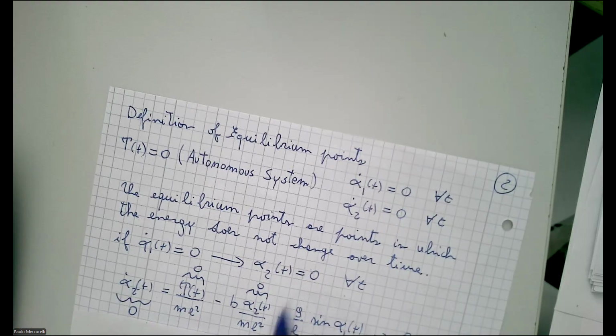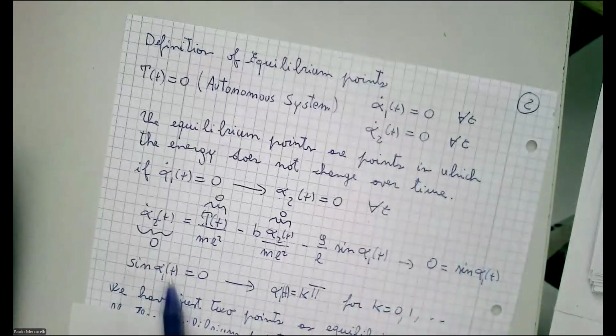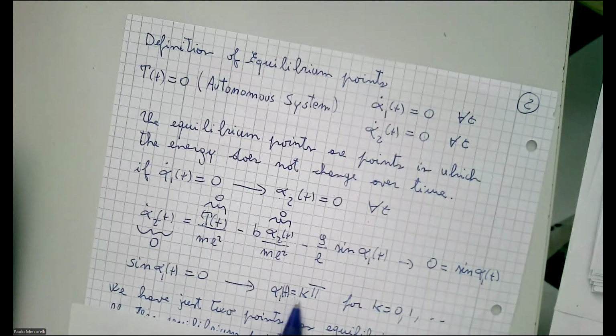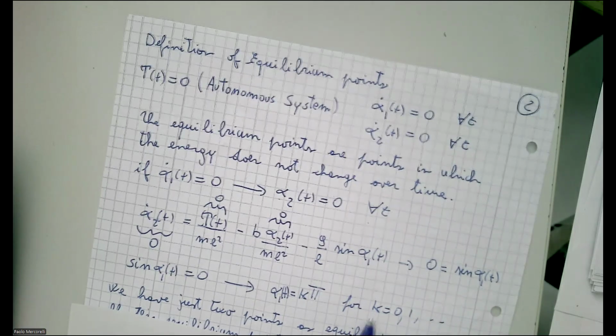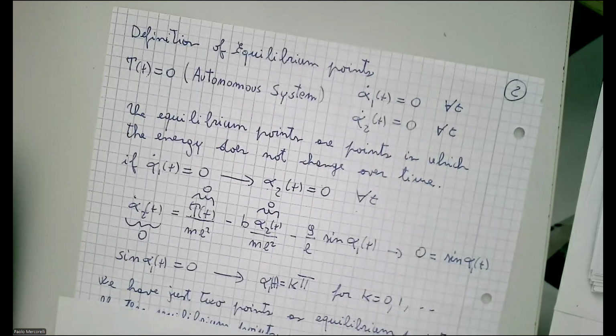This is the condition which can be written in this form here, 0 equal sine of alpha 1t. Now, sine of alpha 1t means mathematically alpha 1 equals k multiplied by pi, for k starting from 0, 1, 2, 3, 4, theoretically also minus 1, minus 2. Mathematically, we have infinite points.